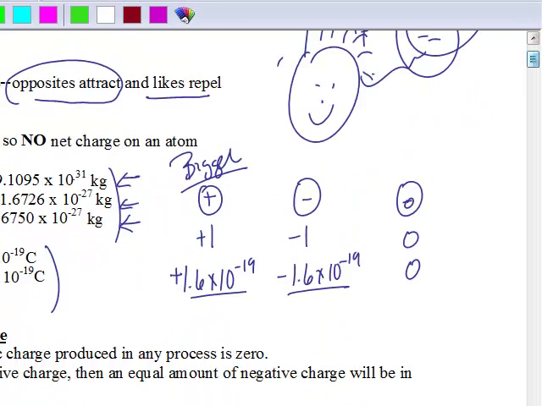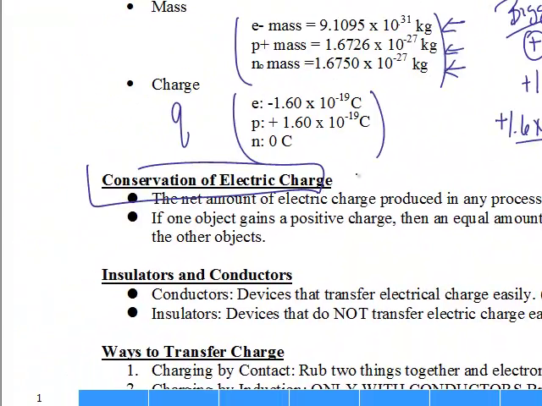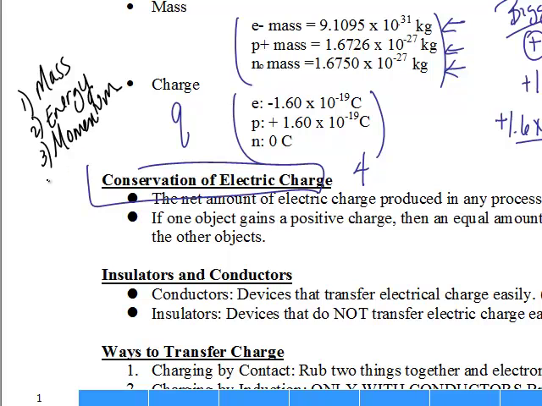The conservation of electric charge is one of our 4 conservation laws. By now, we have covered all 4 of them. I hope you remember them. The first one is conservation of mass, then conservation of energy, conservation of momentum, and now the last one is conservation of charge.